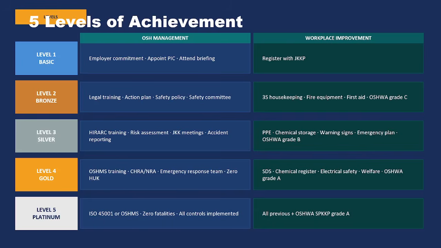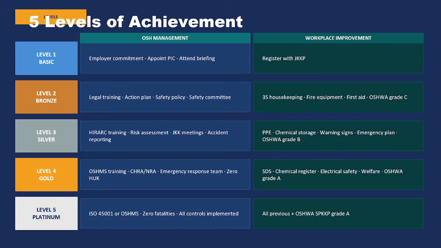Physically, chemical register, SDS at chemical storage areas, safe electrical installations, basic welfare facilities, certified machinery with registration numbers displayed, emergency contact numbers posted, emergency drills conducted, and OSHWA Grade A.